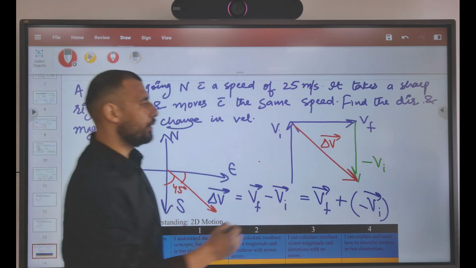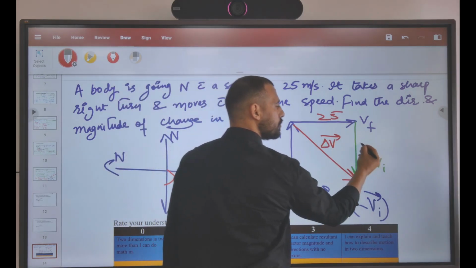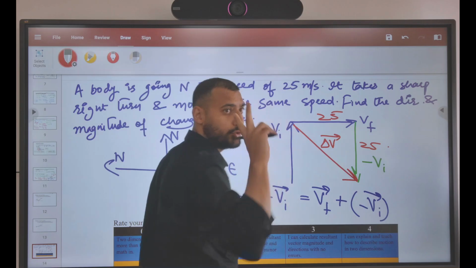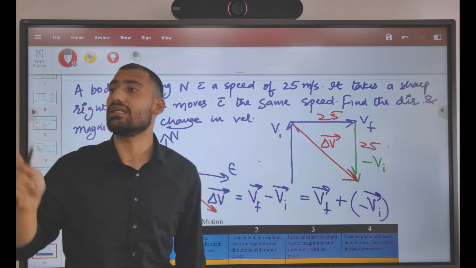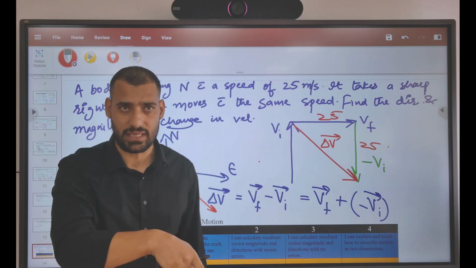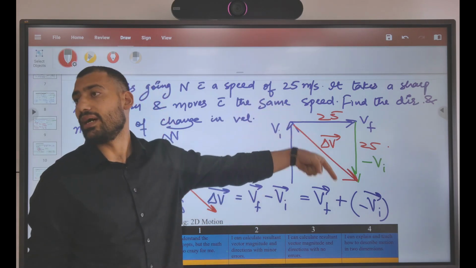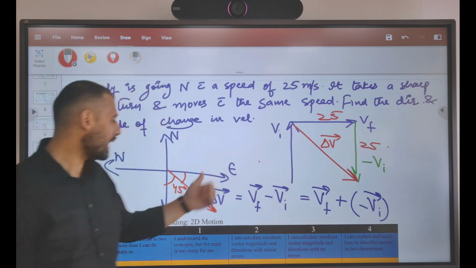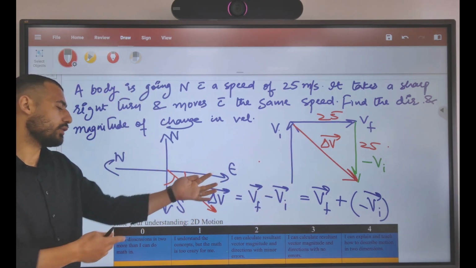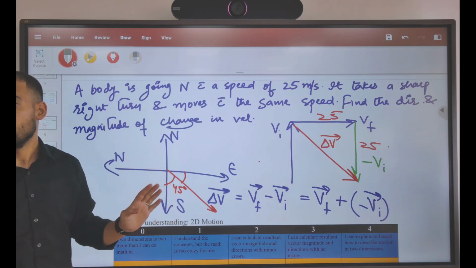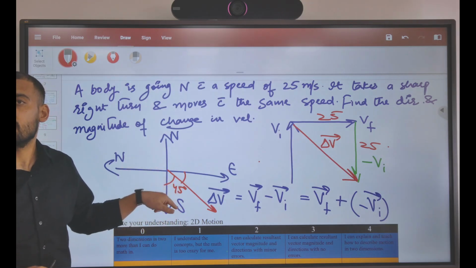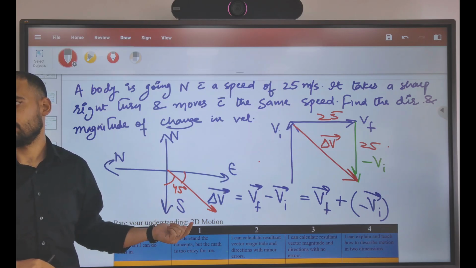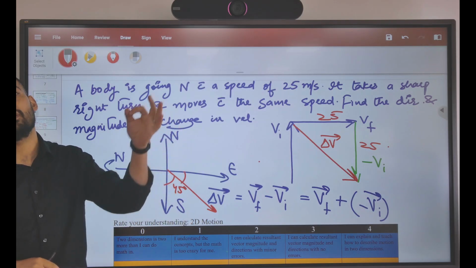What? Because this is 25, this is also what? When two vectors are of equal magnitude, the resultant always bisects them. That's what I said. Whenever the angle is bisected, remember you can say southeast or you can say east of south, anything. But if the angles were not the same, then you cannot say southeast. Is that right? Then you have to mention the angle.